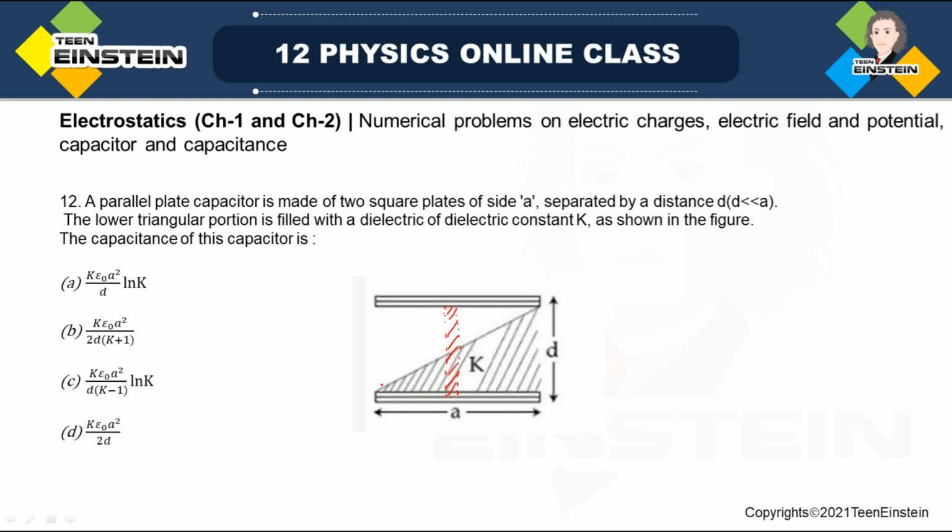Let us say from the left hand side it is at x distance away, and this has a thickness dx. The total length is d, but let us say from the plate up to this point, the thickness is y.